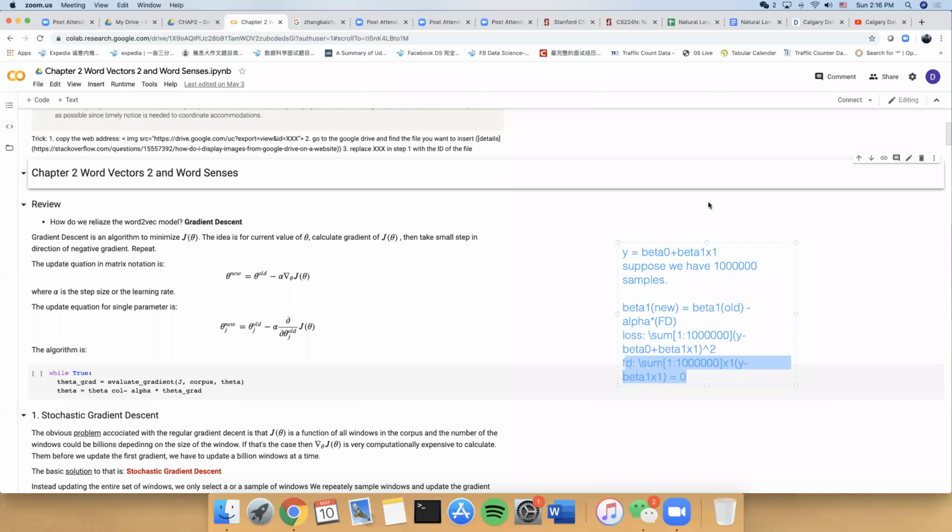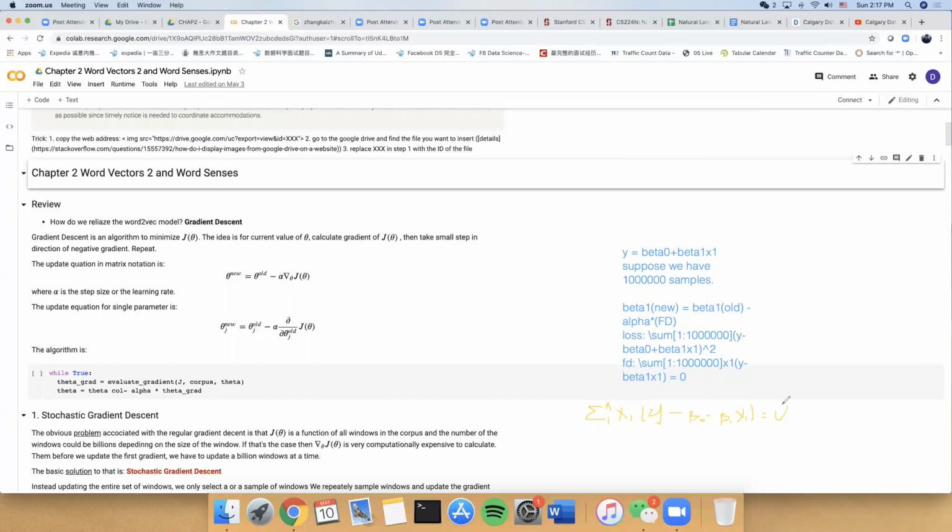Or I can write it down in this way. It's going to be the summation from 1 to n equal to 100,000, of x1 times y minus, sorry, it should be beta 0 here, beta 0 minus beta 1 x1, and you try to make that equal to 0.